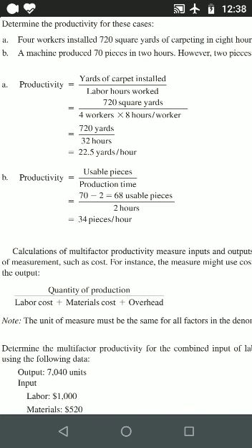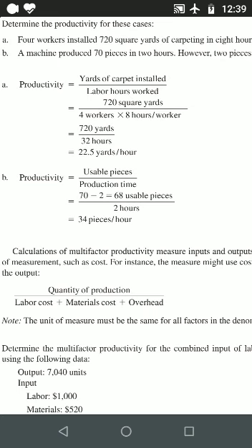determine the productivity. Productivity is a ratio between the output and input. Output is always in terms of service or product units. Basically, it helps us in determining what is the output per unit of input.